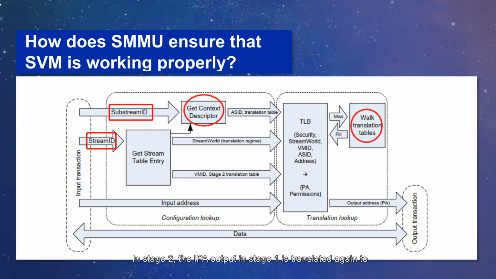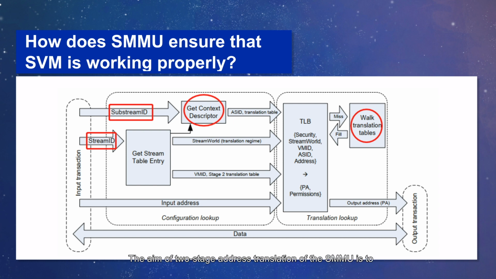In stage 2, the IPA output in stage 1 is translated again to obtain the physical address. In this way, the DMA request correctly accesses the address space to be operated by the guest.